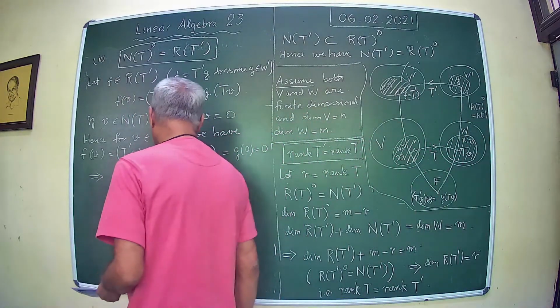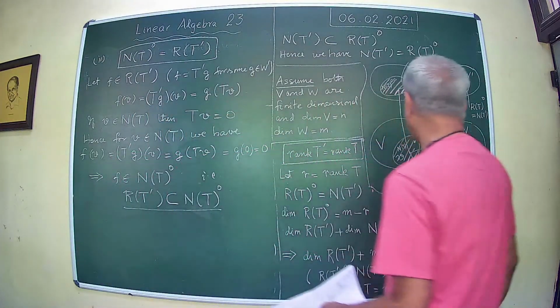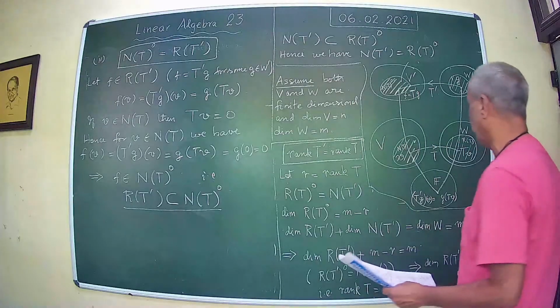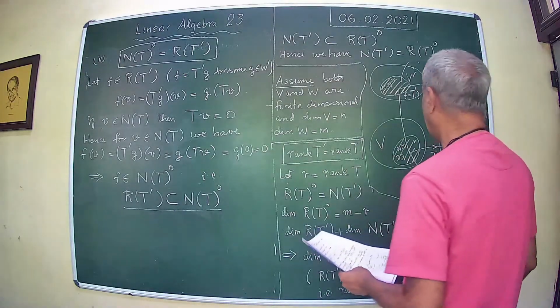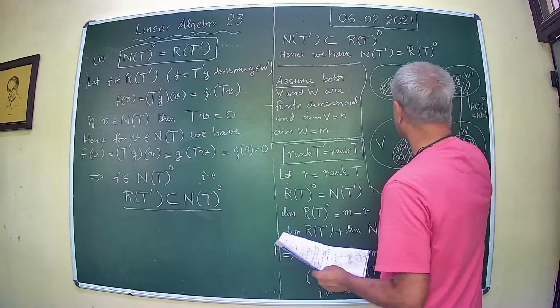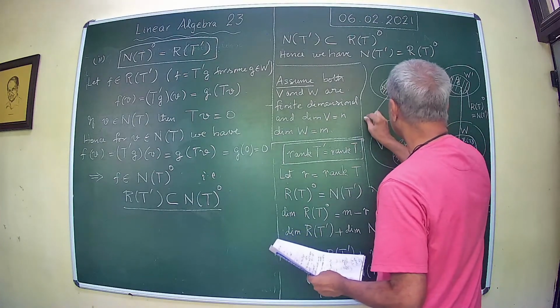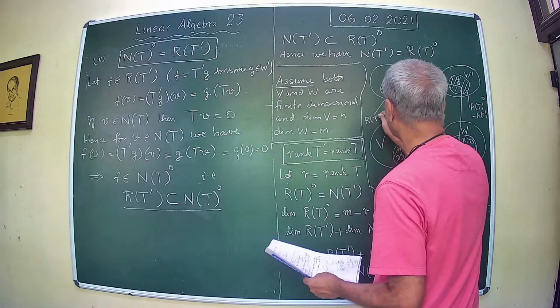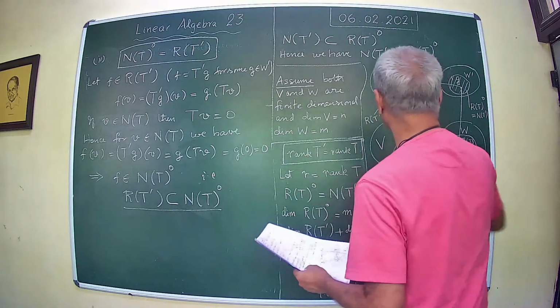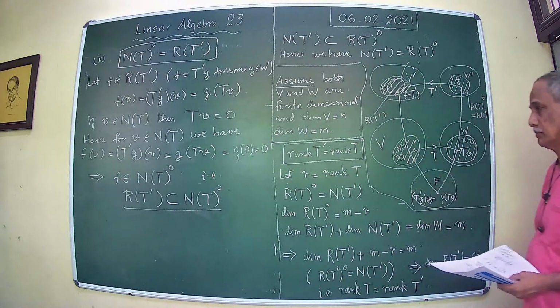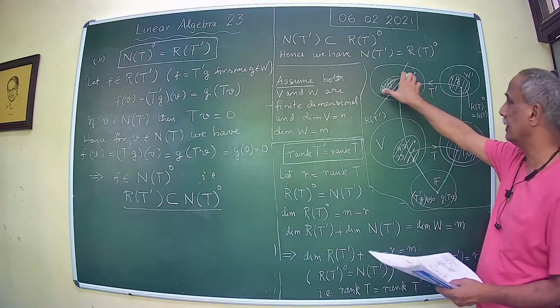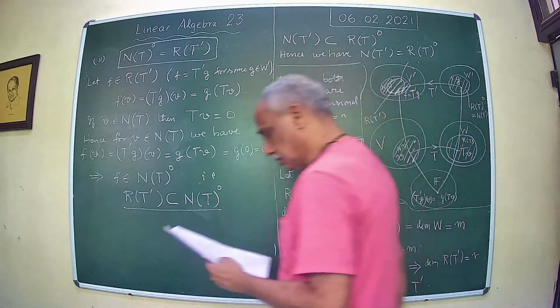We use the dimensional analysis. So what you have proved is the following. That means RT prime is a part of NT annihilator. Okay. Now we want to say that they are the same. Okay. So let us do that.